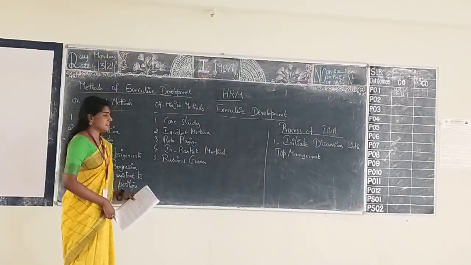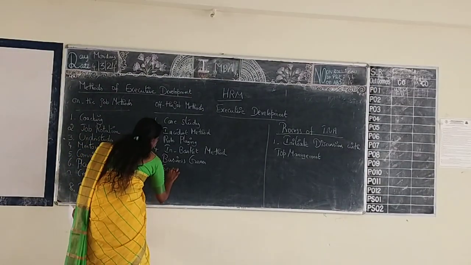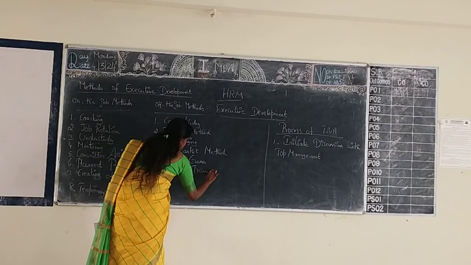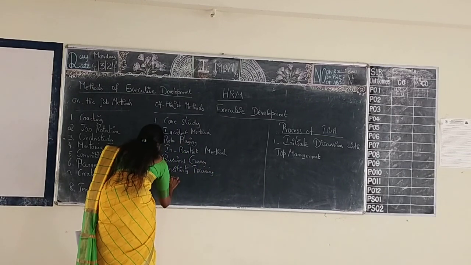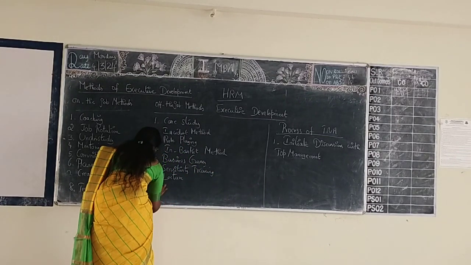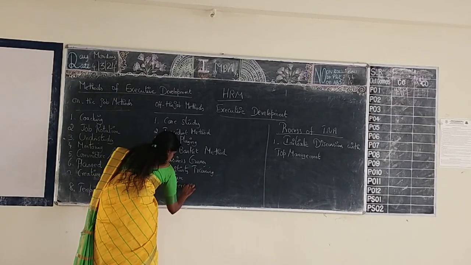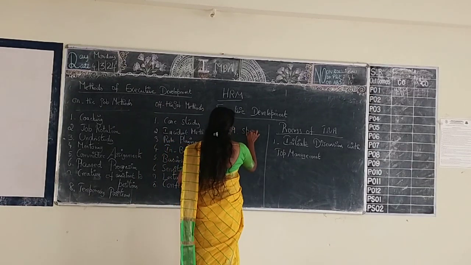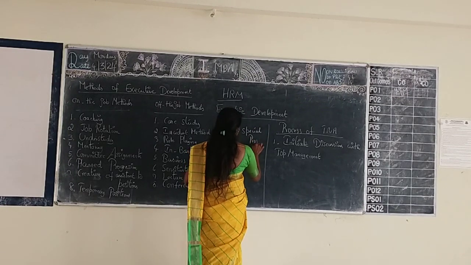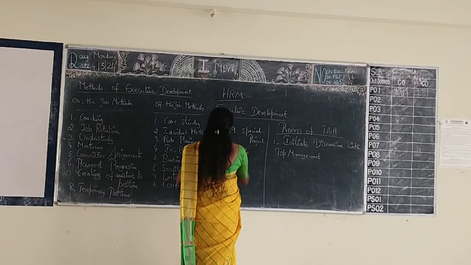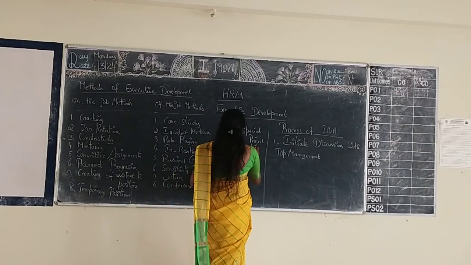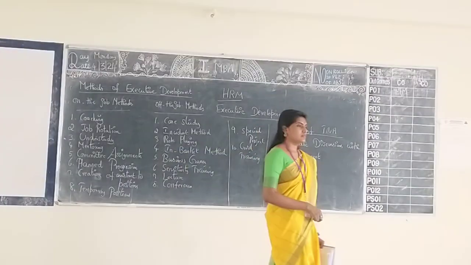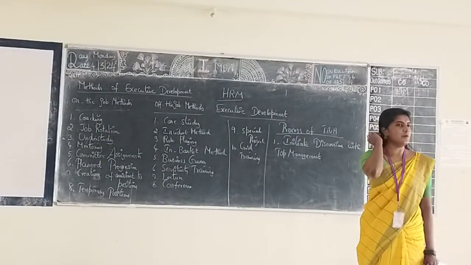Next, sixth one, sensitivity training. The last one is grid training. So these are the off-the-job methods.